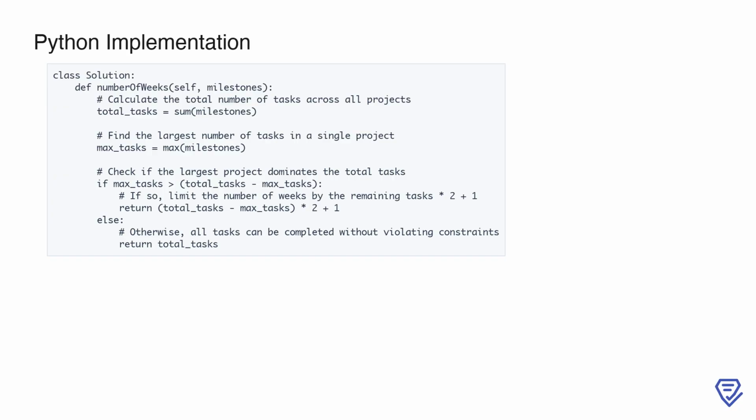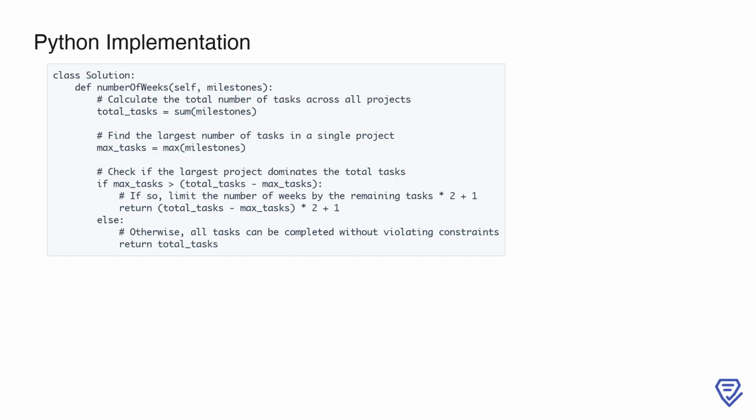In such cases, the solution limits the weeks to twice the count of the smaller tasks plus one additional week, ensuring no consecutive assignments to the dominant project. On the other hand, if the largest project does not dominate, all tasks can be completed without any constraint violations. Thus, the total number of weeks equals the total number of tasks.